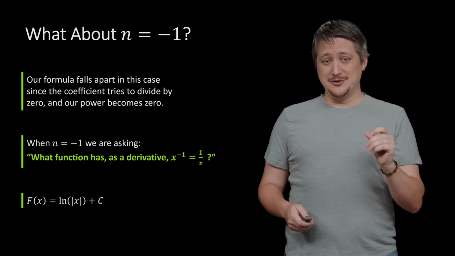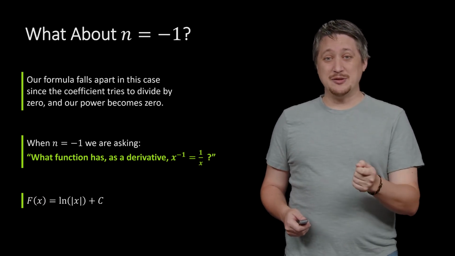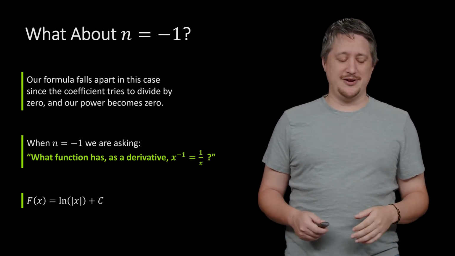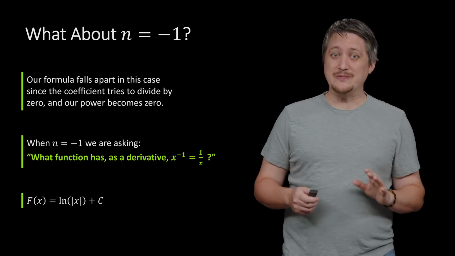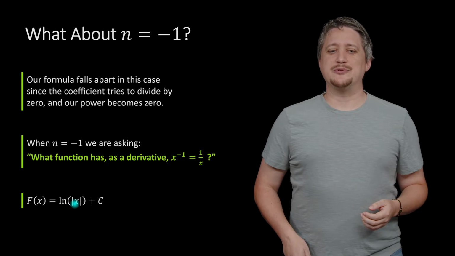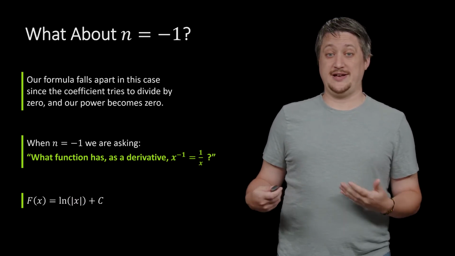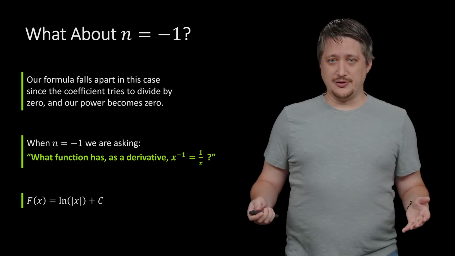Now, there's a little bit of, again, an asterisk here. So we have the plus c, but that'll show up all the time as we go forward. So that hopefully isn't too surprising. But what might be surprising is this crazy absolute value thing that's showing up here. And the reason why is because 1 over x has as a domain anything but 0, right?